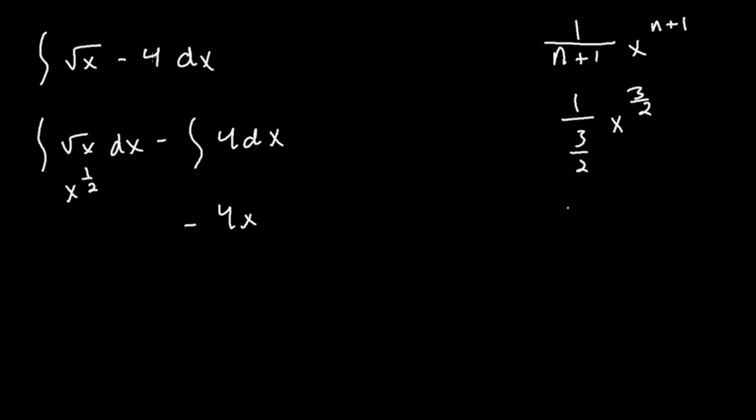And what we can do is actually flip this fraction around to get 2 over 3 times x to the power of 3 over 2. 1 over 3 over 2 is equal to 2 over 3, using a little bit of arithmetic. But basically, what we have here is the integral of square root of x: 2 over 3 x to the power of 3 over 2 plus c.